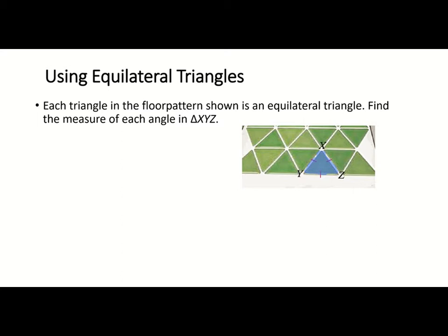So I can take 180, divide it by 3, and we should end up with 60 degrees. Each angle would be 60 degrees in an equilateral triangle. And if you have an equilateral triangle, every time the angles are going to equal 60 degrees, because 3 times 60 is always 180.